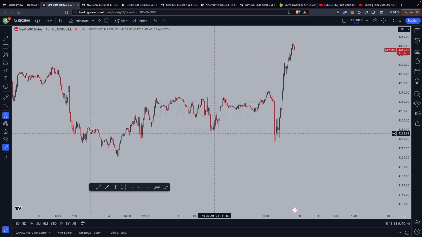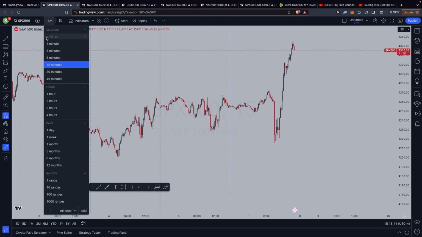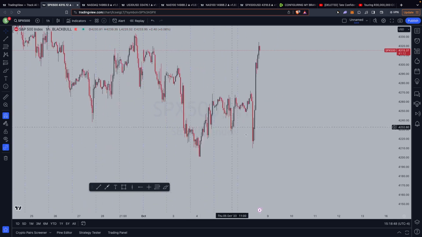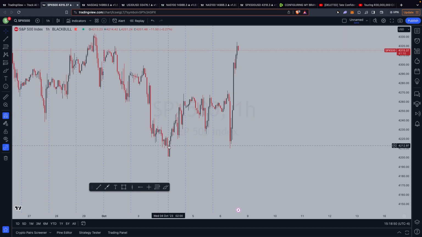This is internal, and as you can see here, this was during NFP. We took out the previous day's low, and on 1 hour I think there was a high time frame PDRA in the form of an order block, right there. We hit the order block and then retraced.